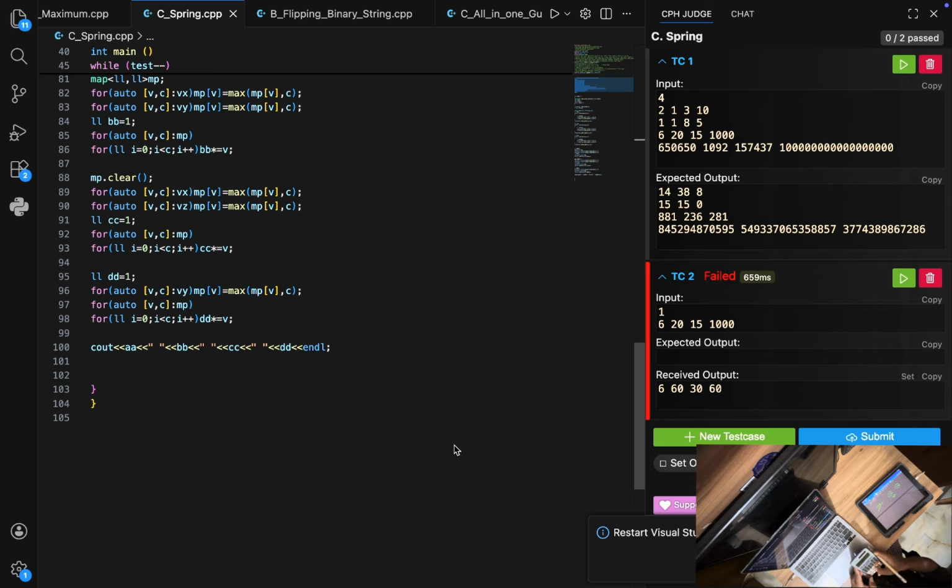So the answer should be 166 into 6 plus minus 16 into 3 minus 33 into 3 minus 16 into 4.